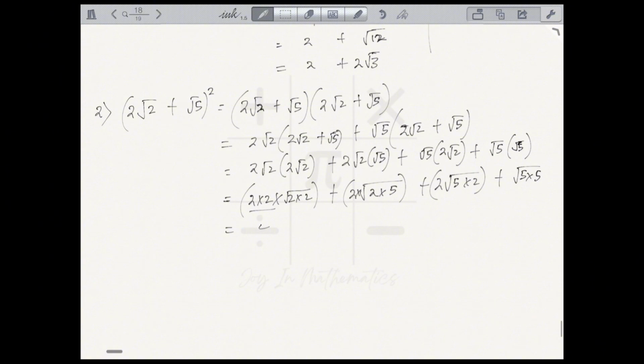So this will give us 4, and 2 times 2 is 4, and the root of 4 is 2. So this will be 4 multiplied by 2. And this will give us 2 root 10, and likewise this will give us also 2 root 10, and this will give us 5.